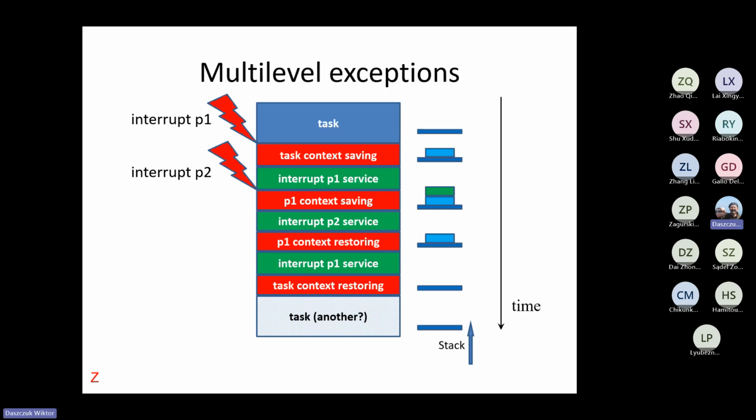Every task has its own stack, and we can interrupt the task with stack S1 and return to the task with stack S2, so we should not serve the interrupts using the user stack. For this purpose, we have a separate system stack. Every task has its own stack, and additionally, we have a system stack.